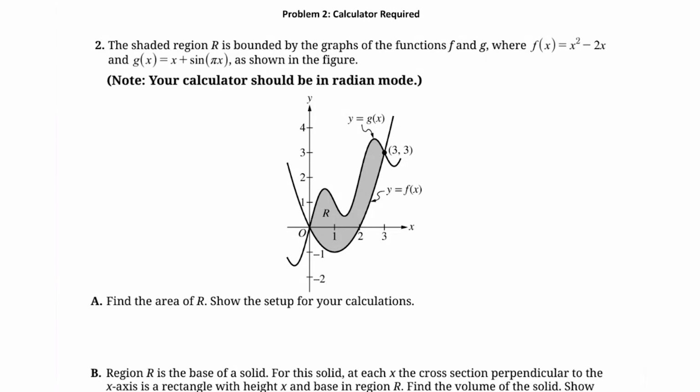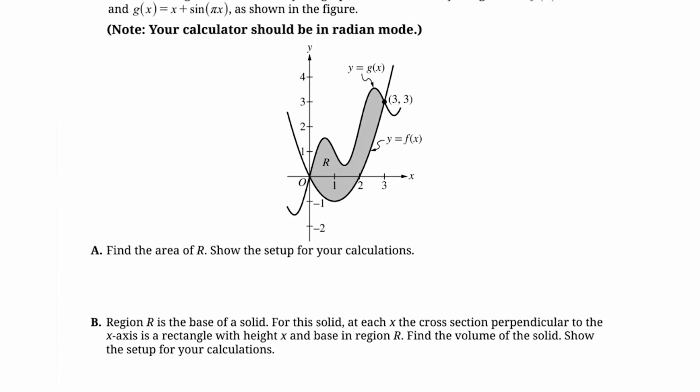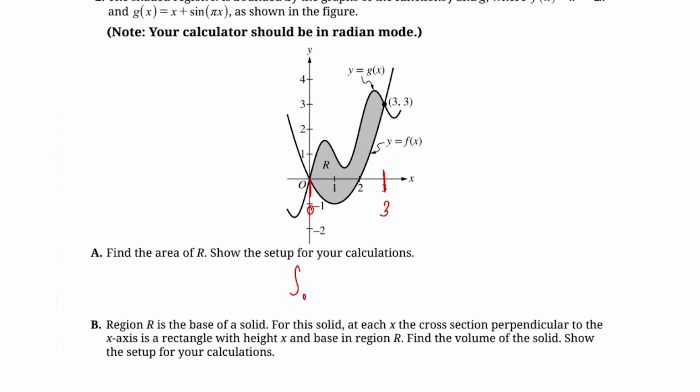So in this case, we want to find the value of the area of region R. And so we are going to integrate the difference between f and g from 0 to 3. Notice how the beginning of the interval starts at 0 and the end of the interval is 3. So we're going to integrate from 0 to 3.